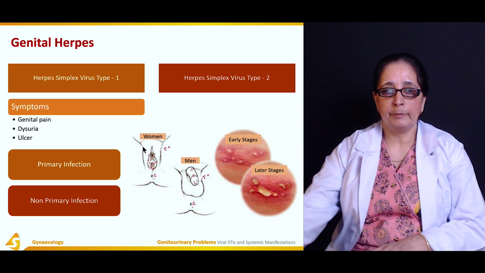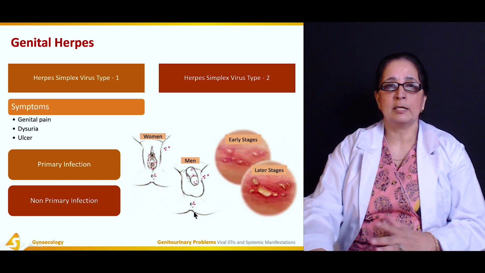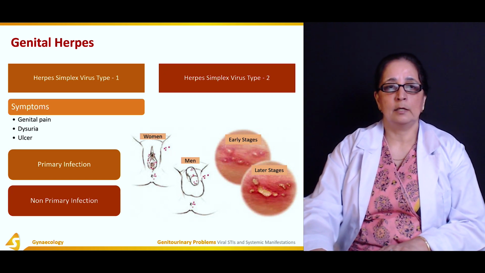And this is the picture in females where you can see the ulcers or lesions, and then in the males. So it affects both male and females. Genital herpes is for both sexes.